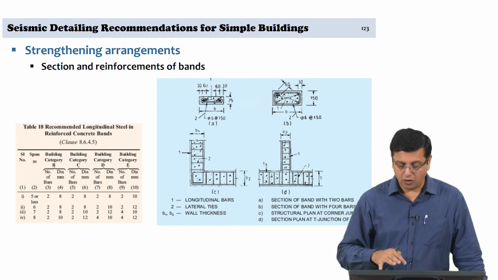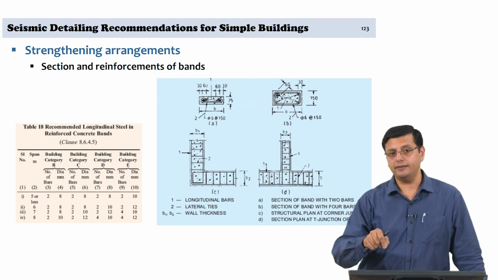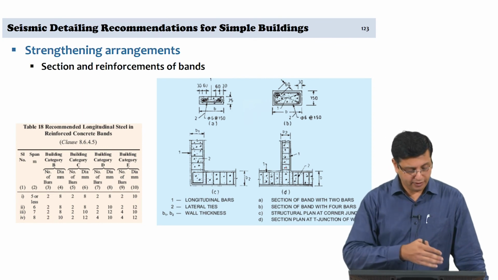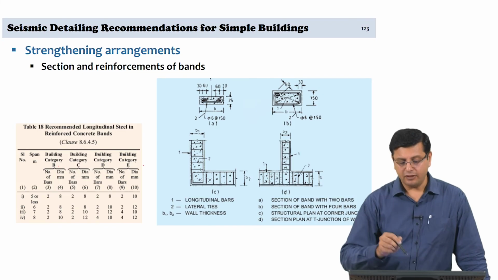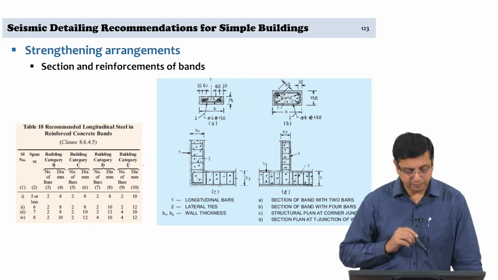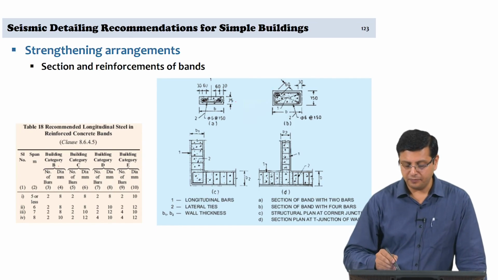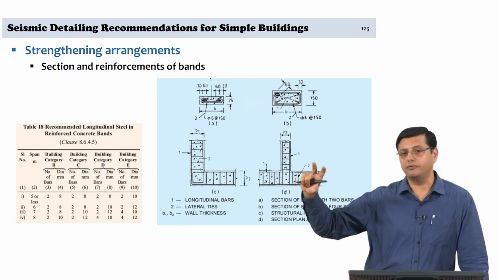So, the code again then prescribes, as I said, these are all prescriptive. It does not expect you to calculate how much steel is required. The amount of steel required is prescribed. So, depending on which category of building you are looking at, B, C, D or E, for the bands, the code prescribes how much steel you should be putting in, and for these continuous bands you could choose a configuration that is width of the wall by about 75 mm in height, or width of the wall and 150 mm in height.